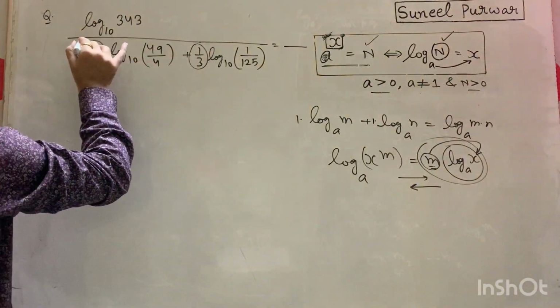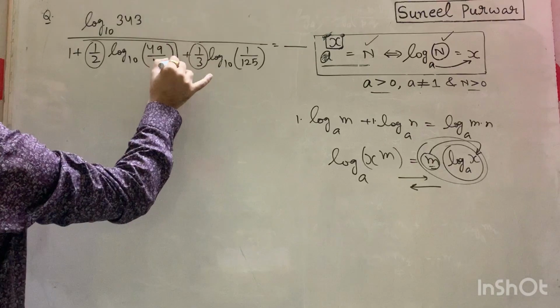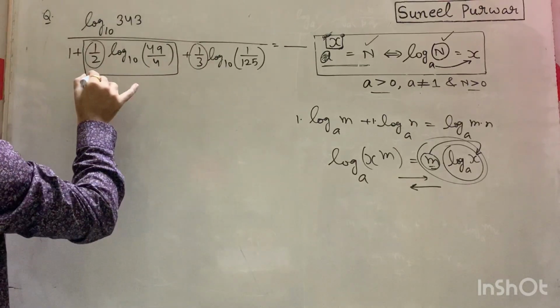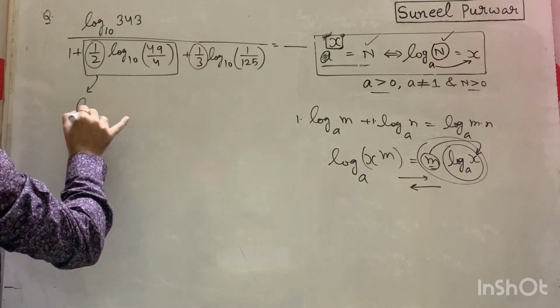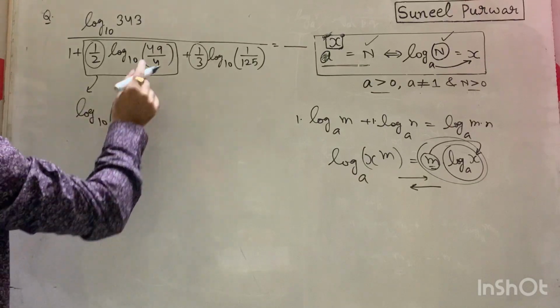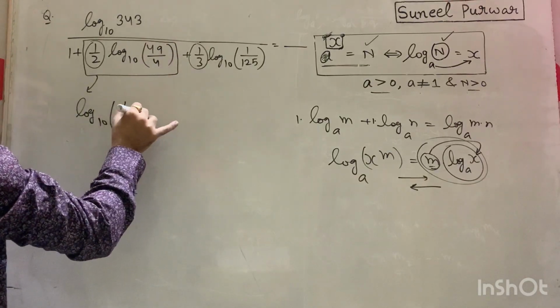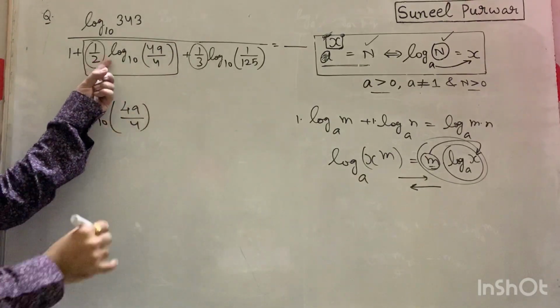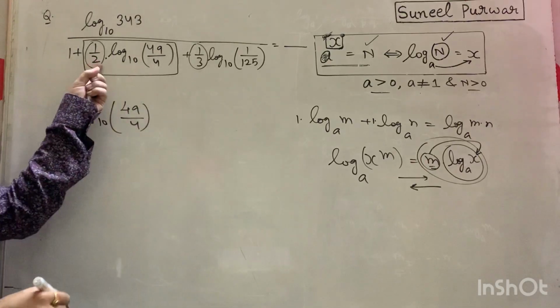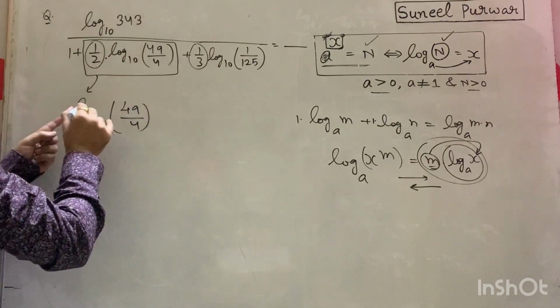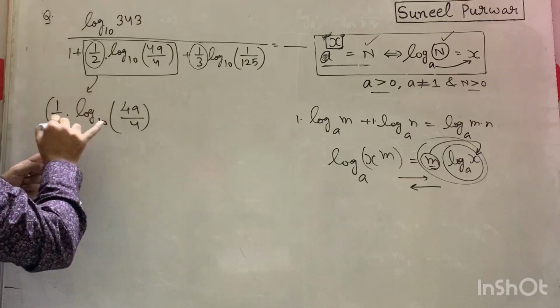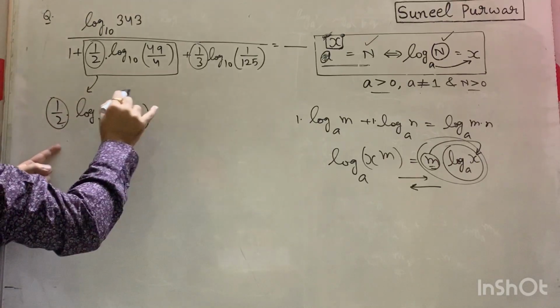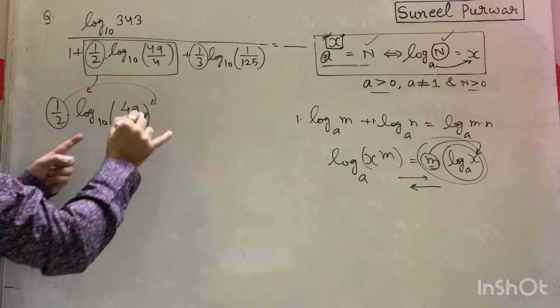By applying that logic, let's first concentrate on this logarithm. So it will become log base 10 of 49 by 4. This logarithm is multiplied with which number? 1 by 2. So this number 1 by 2 will fly back as the exponent over here.